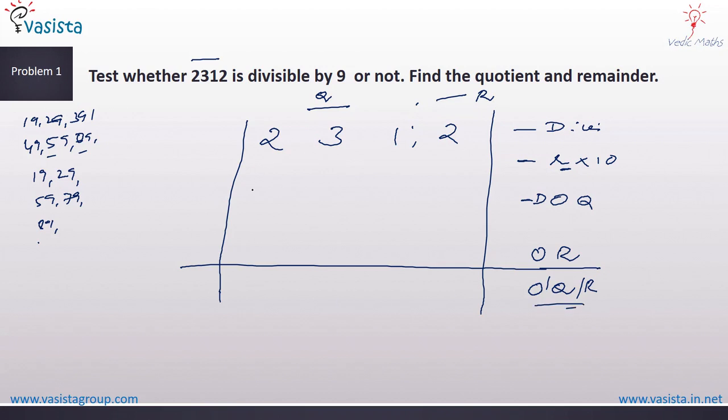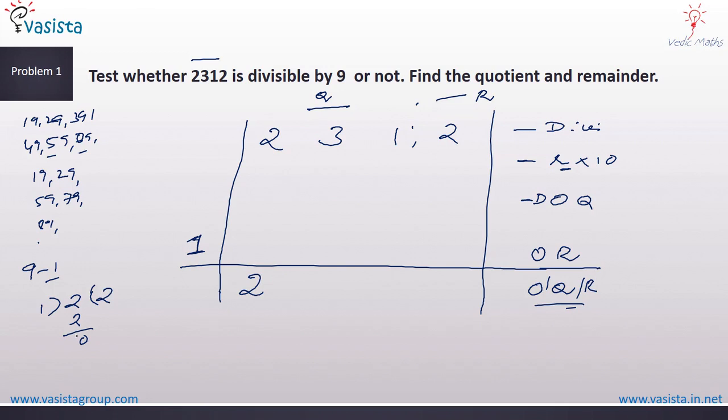Let us start dividing by 9. But you are not supposed to divide by 9, you are supposed to divide by the Ekadhika of 9. The Ekadhika of 9 is what? 1. You are going to divide this number by 1. So 2 I will take here. When you divide 2 by 1, the quotient is 2 and the remainder is 0. 2 I will write here.